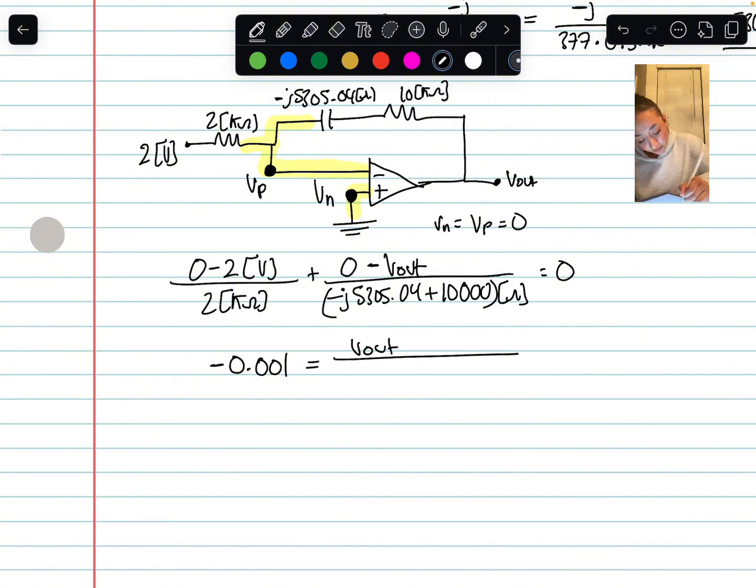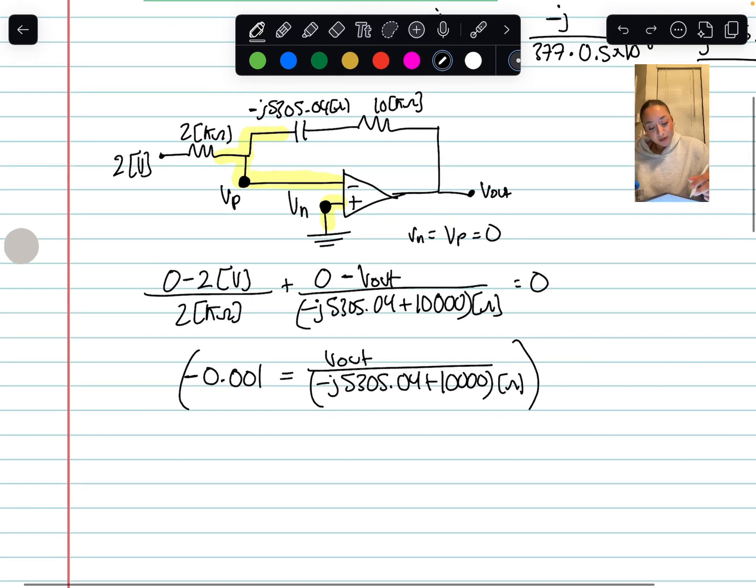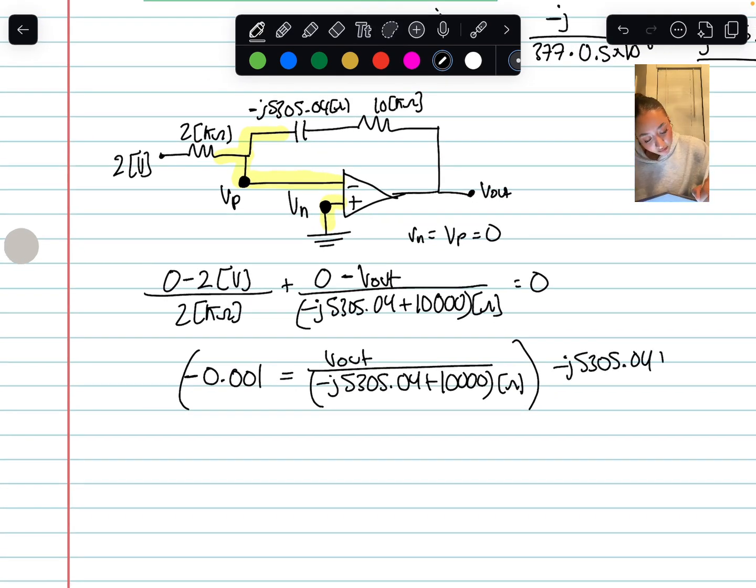So it's going to be equal to V out over negative J 5,305.04 plus 10,000. And then I'll multiply this whole thing by the denominator of V out, negative J 5,305.04 plus 10,000.